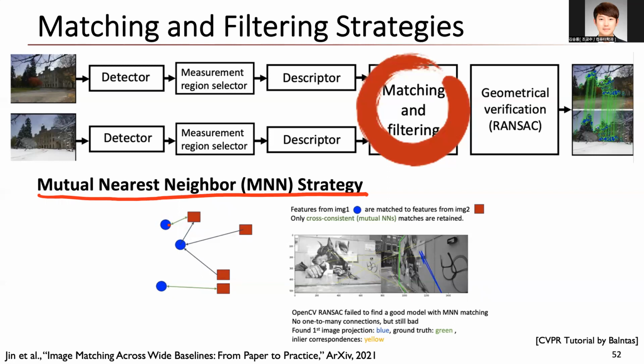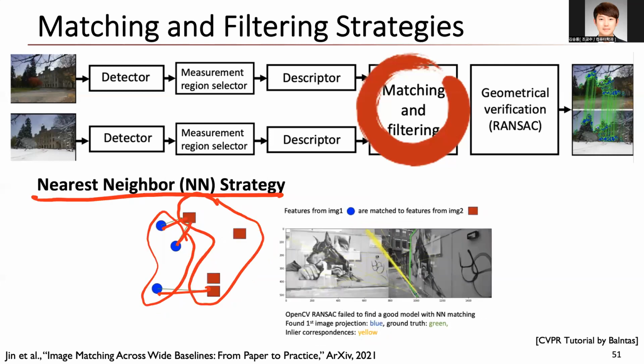Given these four things and given this one, if the similarity between this one and this one is the most similar compared to the others, then we can say these two points are mutually nearest neighbors. So mutual nearest neighbor has to consider consistent matching, compared to just the nearest neighbor structure.